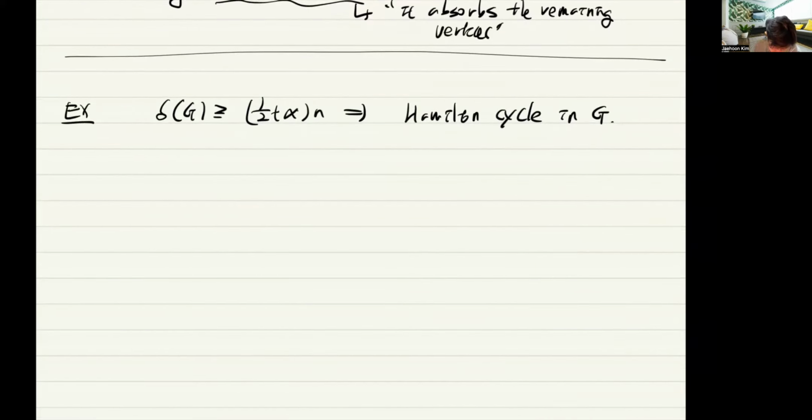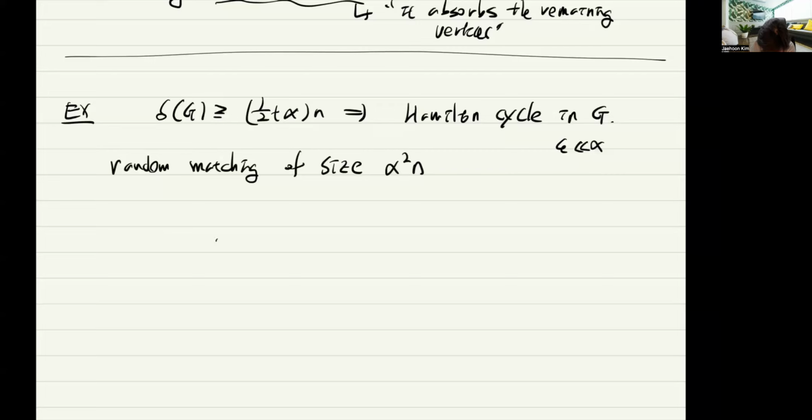And how do you prove it? You randomly choose a random matching of size, say, some epsilon n. Epsilon is smaller than alpha, say. Instead of epsilon, let's say alpha squared n. Then what happens?